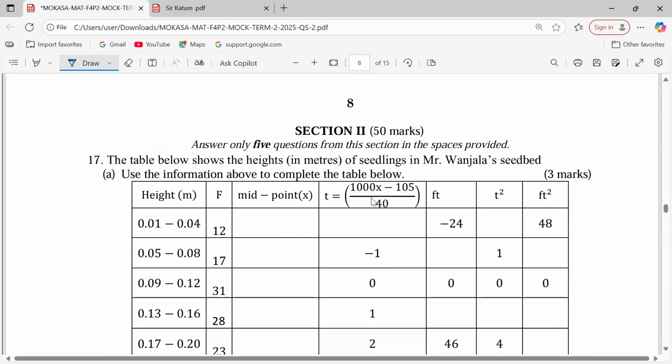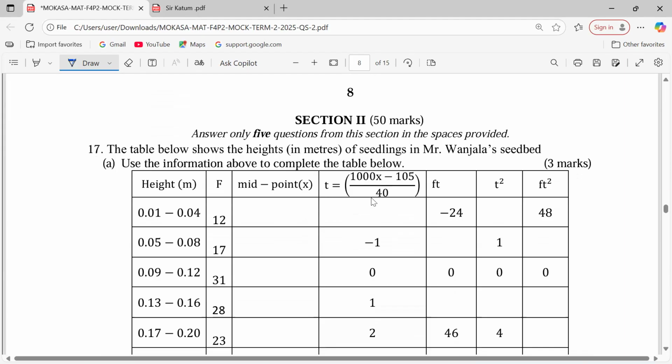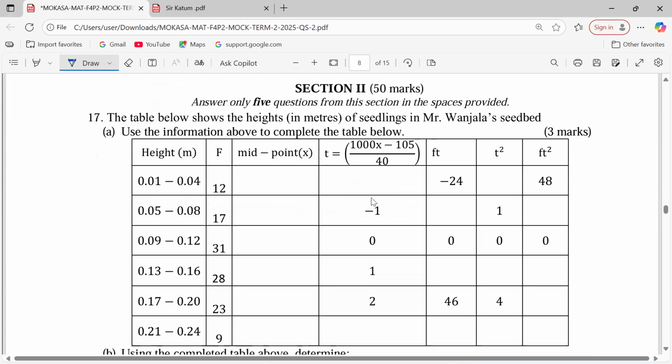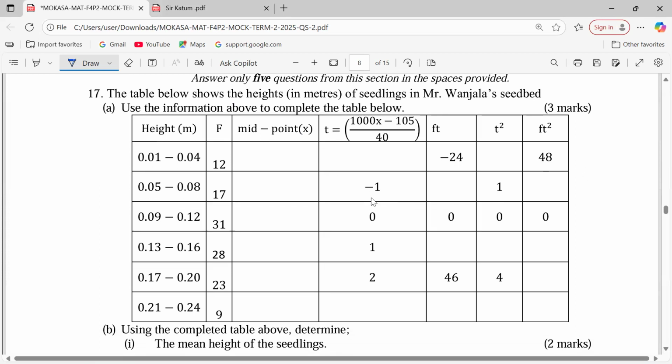The first question, on statistics, which is number 17, says that the table below shows the heights in meters of seedlings in Mr. Wanjala's seedbed. Part A, use the information above to complete the table below.